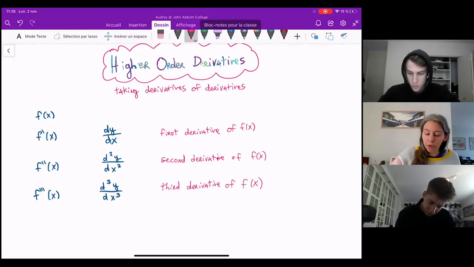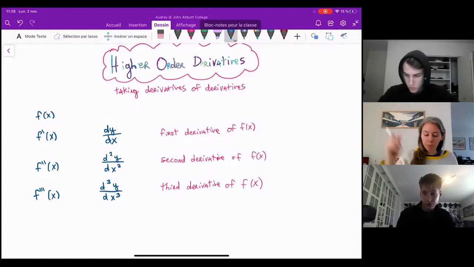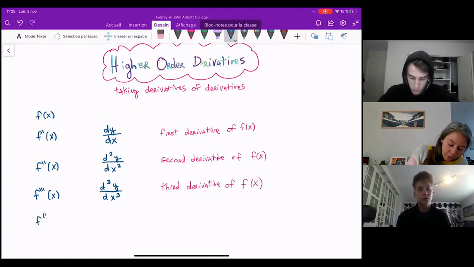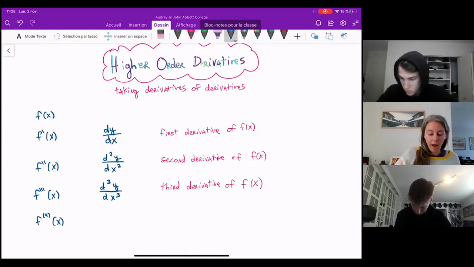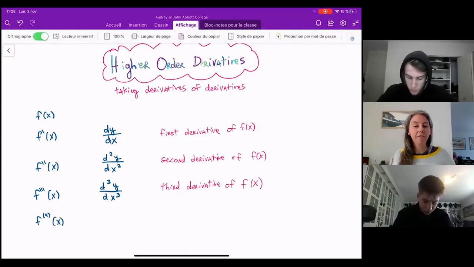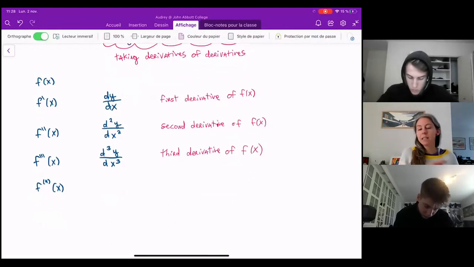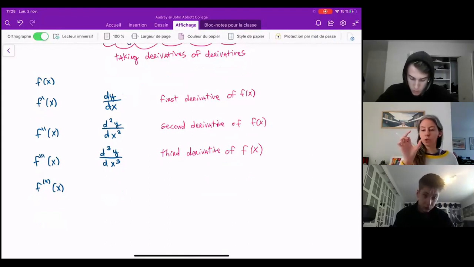So at the fourth derivative, instead of doing primes, I write 4 in parentheses. So the fourth derivative would be f4 of x, and it's not just to the power of 4. Those parentheses are important because they tell you it's a derivative, not a power.